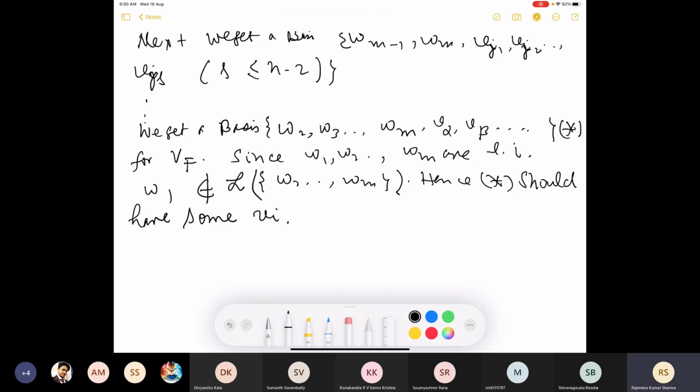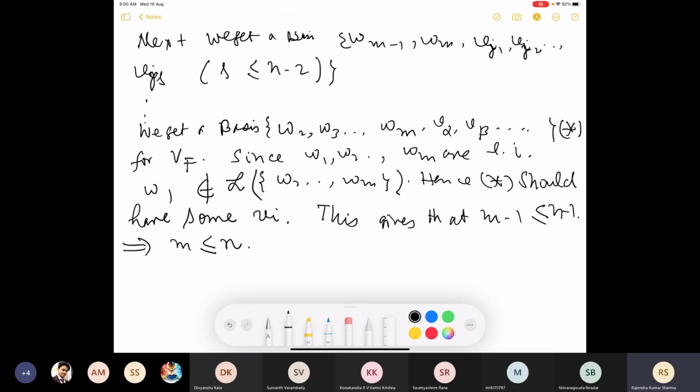And this gives us that m minus 1 has to be less or equal to n minus 1, and that will mean that m is less or equal to n. So if there is a basis and there is a set of linearly independent vectors, say W1, W2, Wm, then m cannot exceed n.